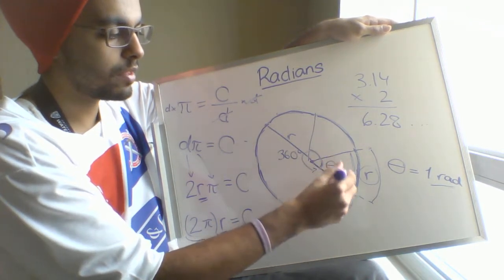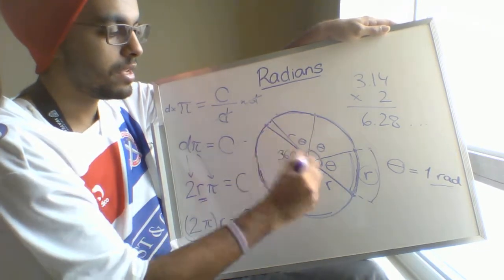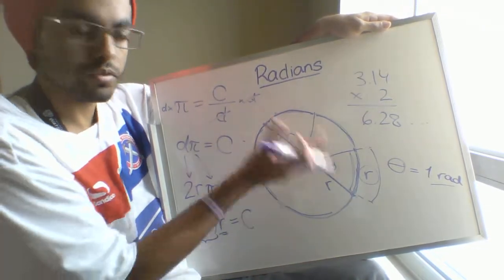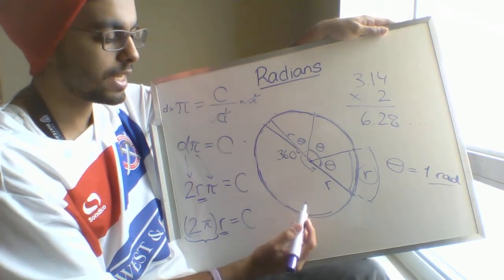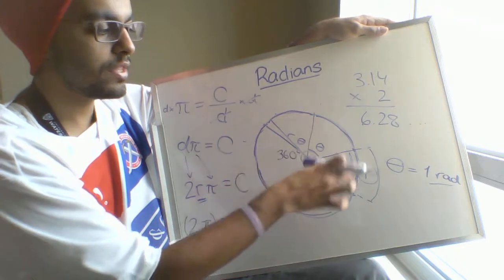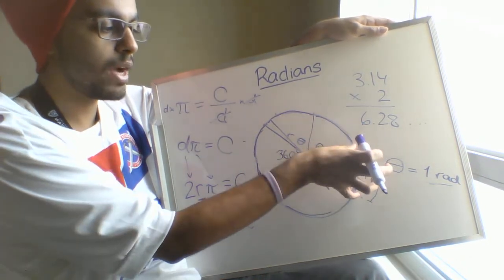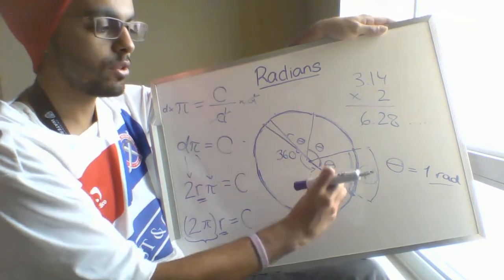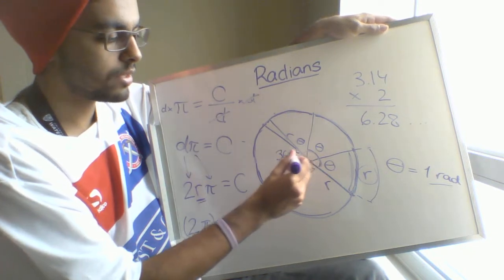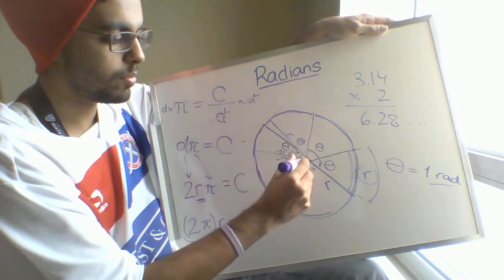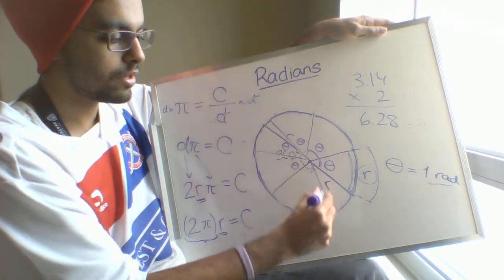You've got 1 radian there, and another radian there, and another radian there, and so on, all the way around the circle. It's like slicing a pizza. So if this angle is 1 radian, and you need 2 pi of those segments to go all the way around, then you need 2 pi radians to cover that. You've got this whole pattern of 1 radian at a time, just going all the way around.